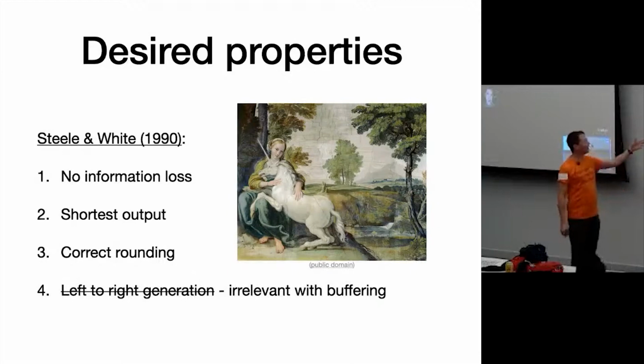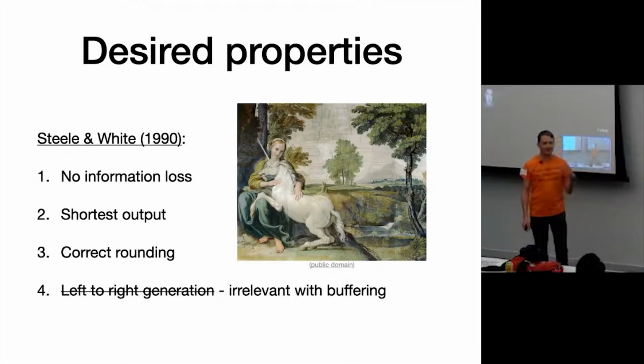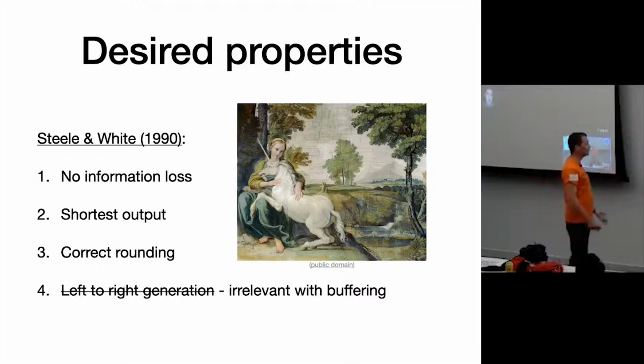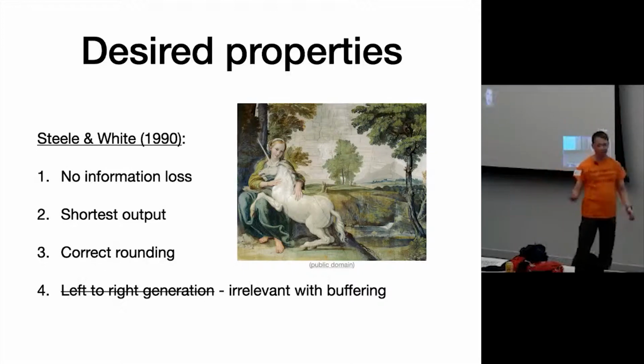This is a paper from 1990, but it actually originates from the 70s. They came up with desired properties of floating point formatting algorithms: we don't want information loss, we want the shortest output, and correct rounding. They also have a fourth property, left to right generation of digits.